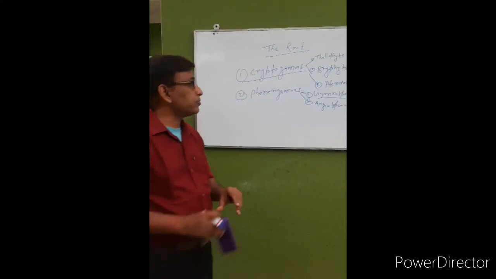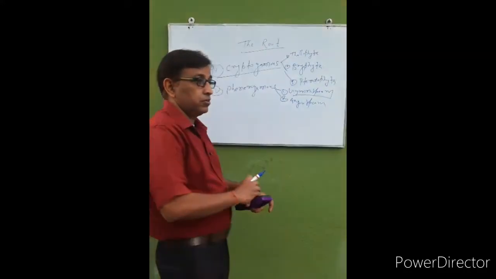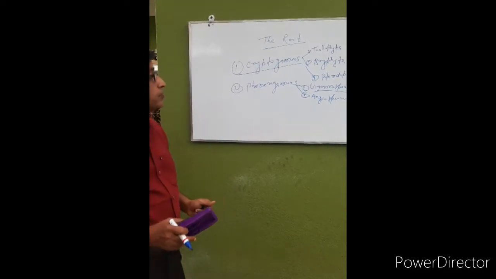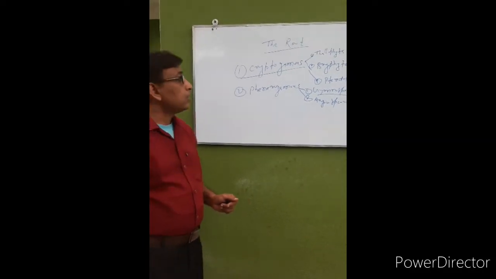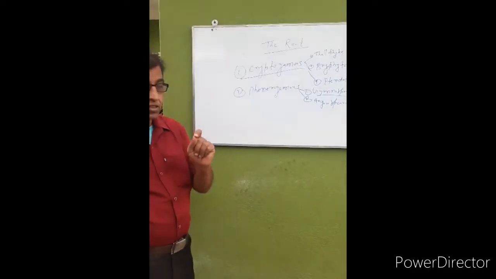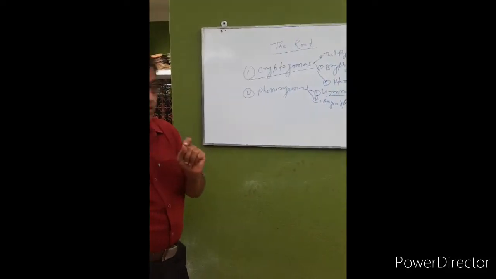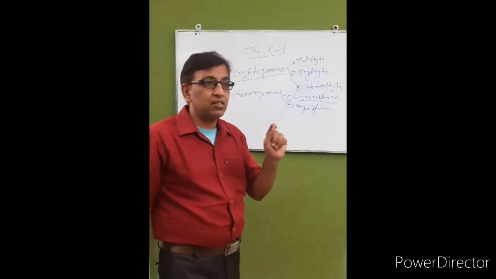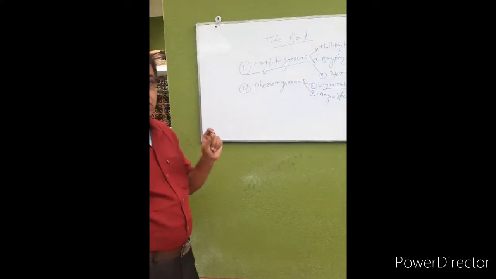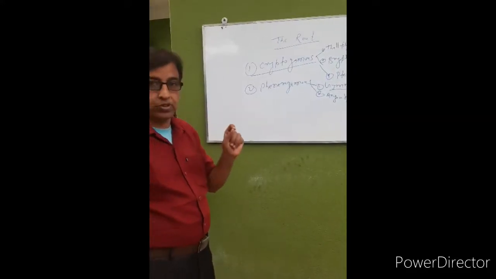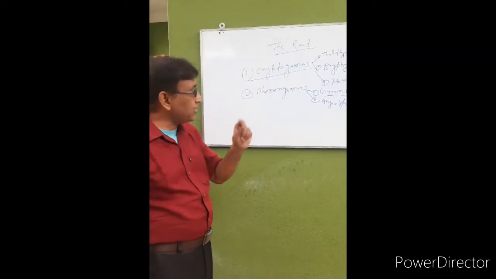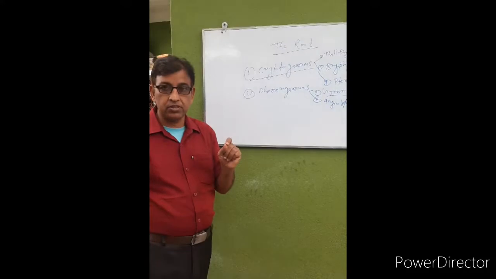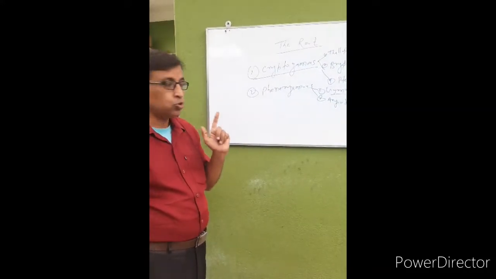So first of all, we are going to discuss the seed of the plant, because seed is the basic structure present inside the fruit, by which the growth of the plant takes place.